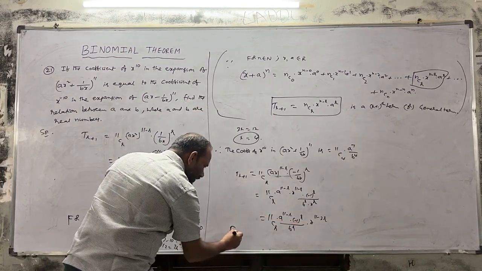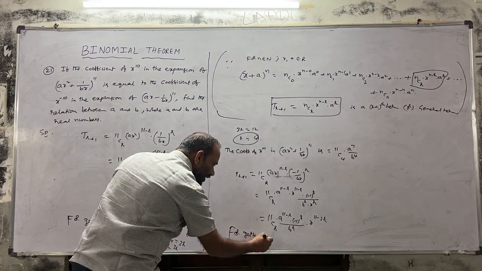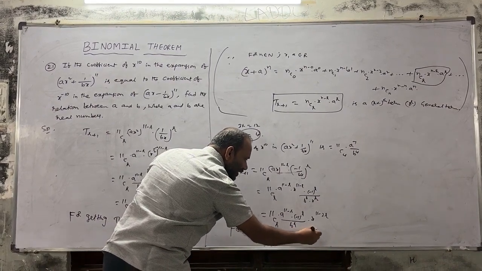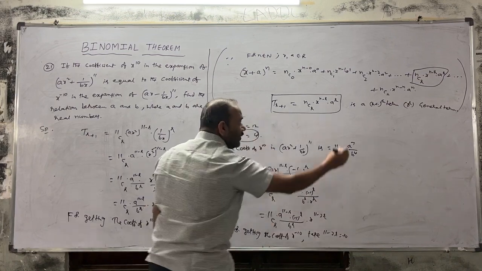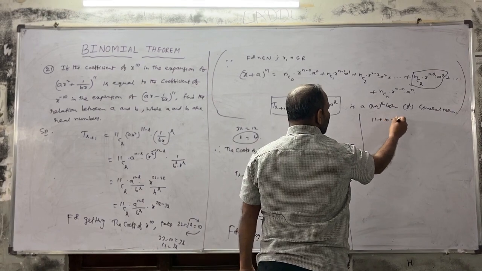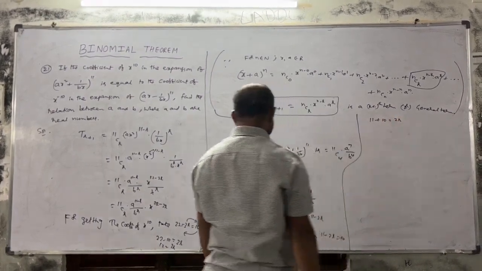So take 11 minus 2r equal to minus 10. 11 minus 2r equal to minus 10, 11 plus 10 equal to 2r.